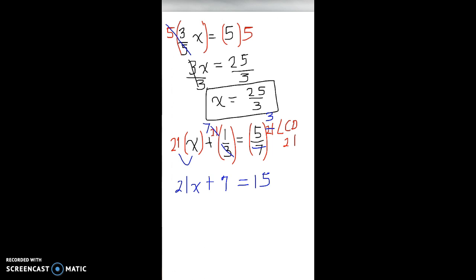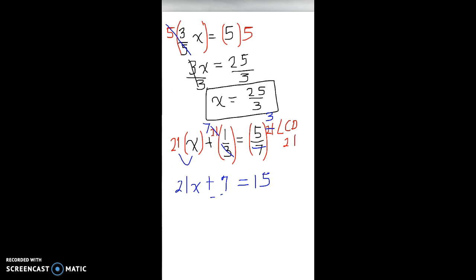And so now you can solve that equation just like a simple two-step equation. You would subtract 7, and so you get 21x is equal to 15 minus 7, which is 8. Then you would divide by 21, and so your final answer would be x is equal to 8 over 21.